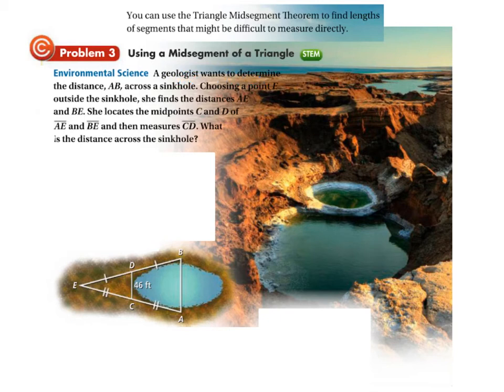A geologist wants to determine the distance AB across a sinkhole. They've taken this sinkhole and made a diagram of it. They want to measure that distance across, but obviously you can't just walk across and measure it.